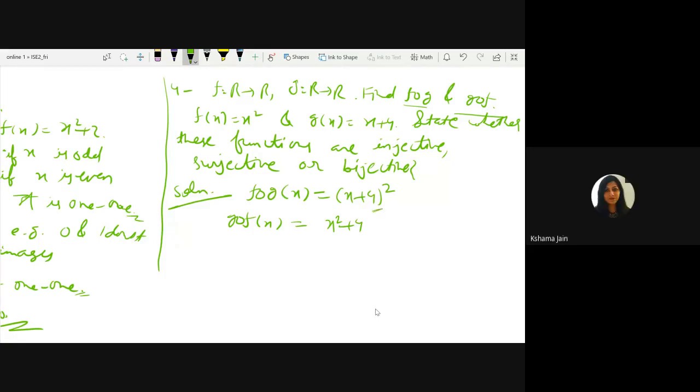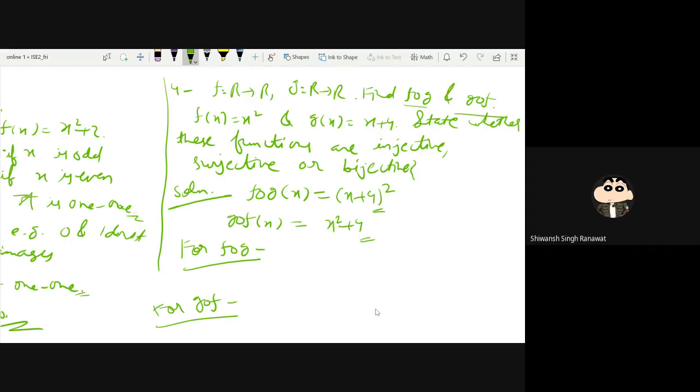Okay. Now first we will take FOG and second we will take GOF. So you people only tell me whether these are one-one, onto or not. For FOG, first discuss this. Is it not 1 to 1 or 1 to 1?